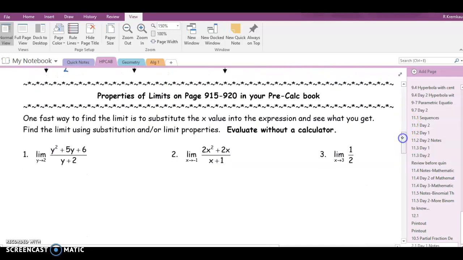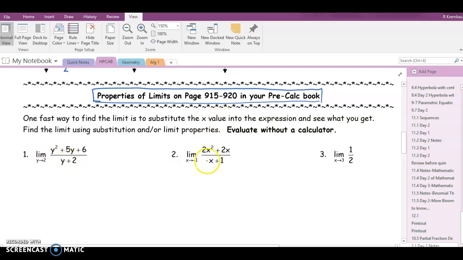There are some more properties of limits on these specific pages in your pre-calc book. You do have your pre-calc books, hopefully, so you can look at those. What we're going to do is find the limit of these guys down here. One of the fastest ways to find the limit is to substitute the x value into the expression to see what you get.